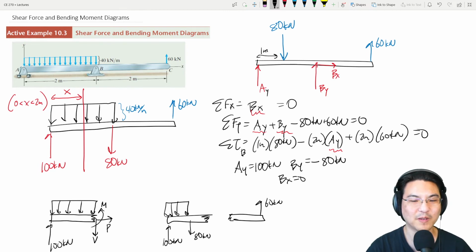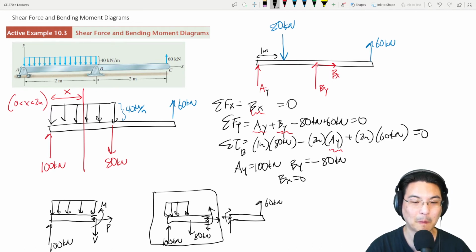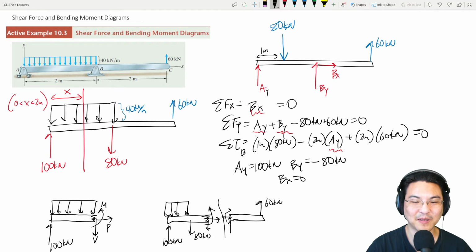The left section will always look like this, with all the internal forces and moments. From here to here, the length will change. And the right section will always look like this.